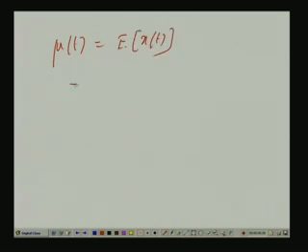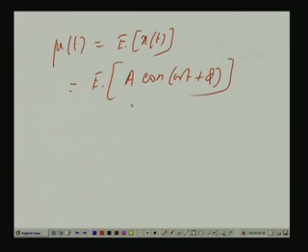For a particular t, what is mu t? E of x t for a particular t, that is E of A cosine omega t plus phi.